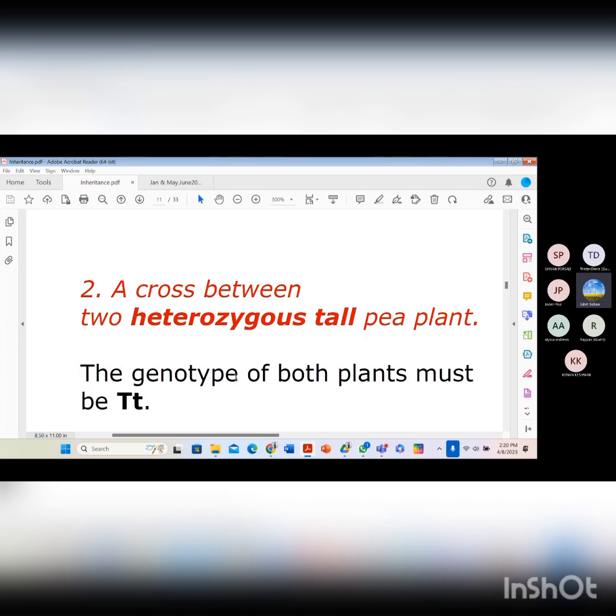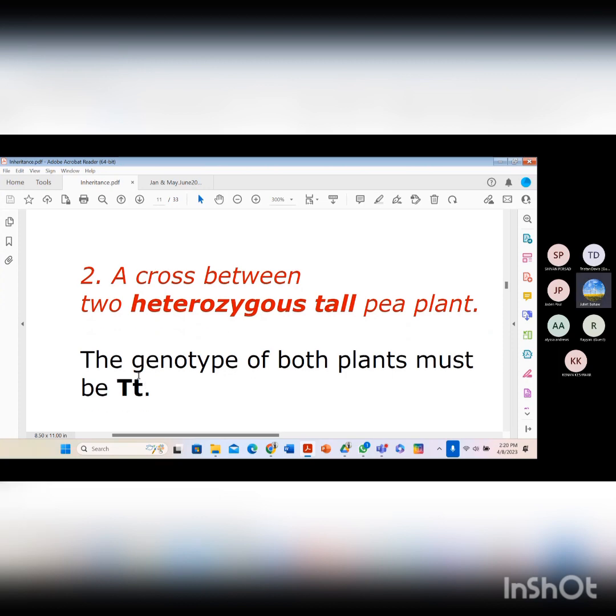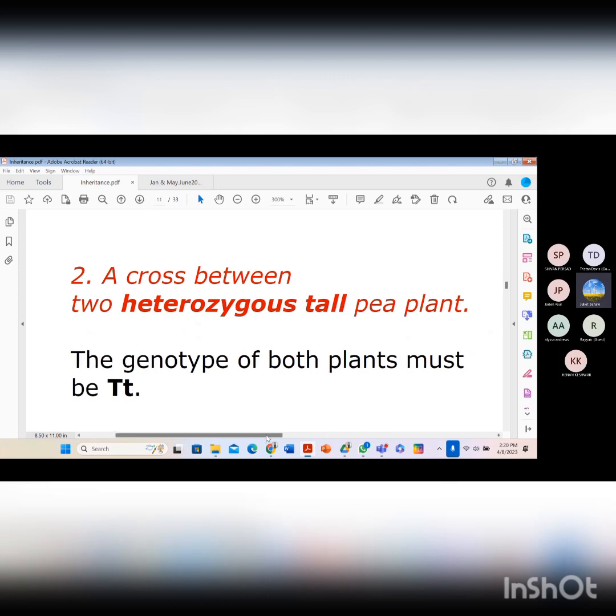Use the Punnett square, show all your working, and I would like to hear what the ratio or the phenotype will be at the end with the offspring. All right, so go ahead and work on this. Anyone lost? Anyone that doesn't know what to cross? No, miss, I understand. All right then.